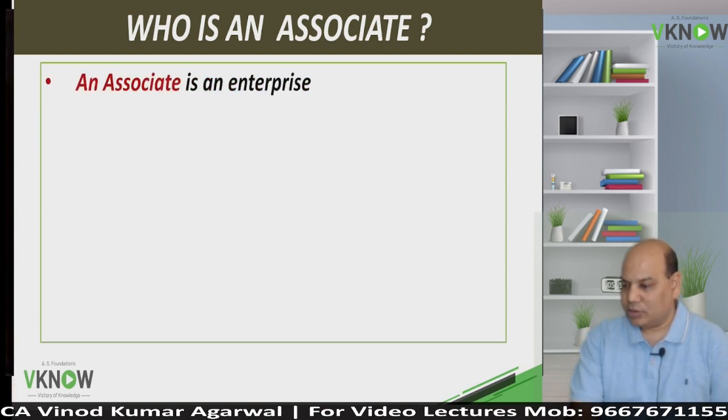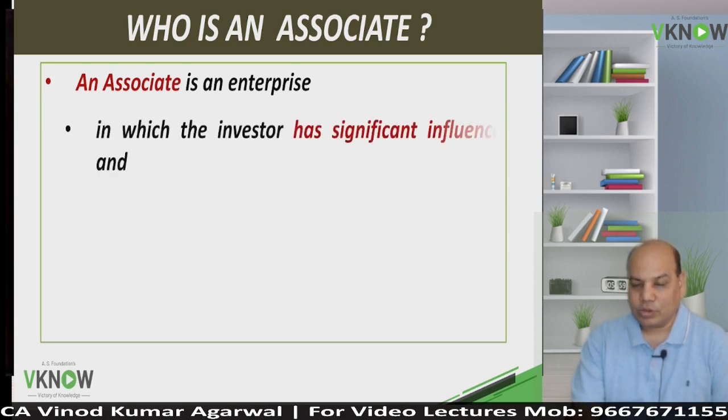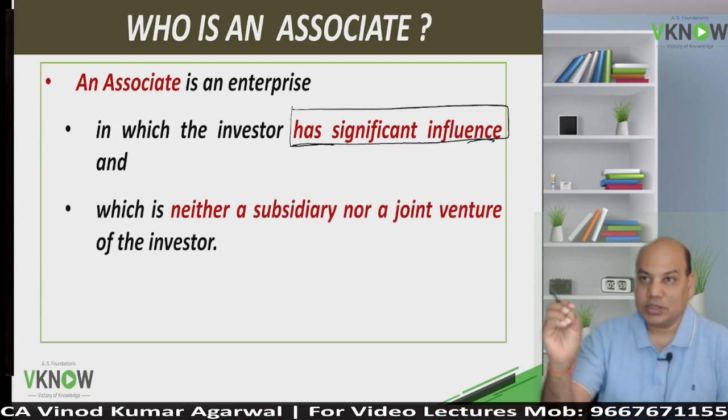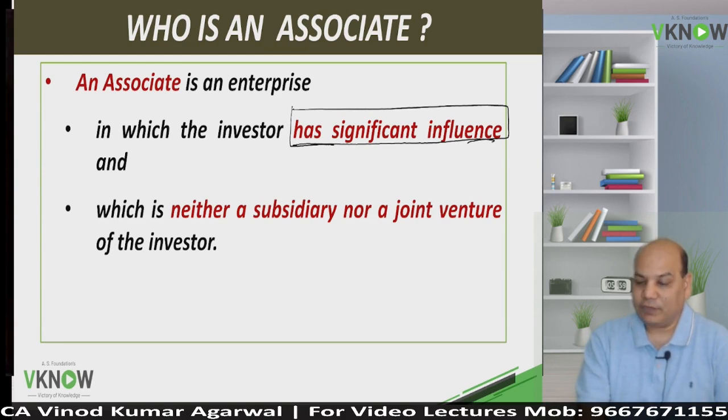Now my standard begins. Who is an associate? Paragraph number 4. An associate is an enterprise in which the investor has significant influence. Significant means not simple. It is something where you will participate in the decision making process of that company, and that is where you can influence that company significantly.